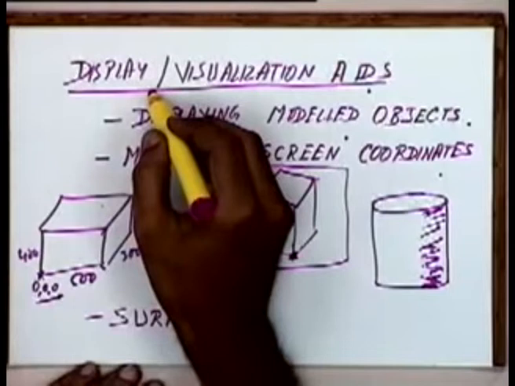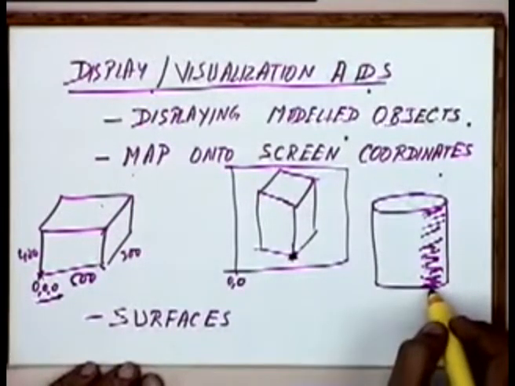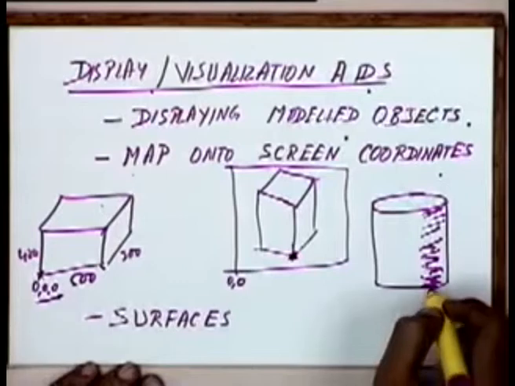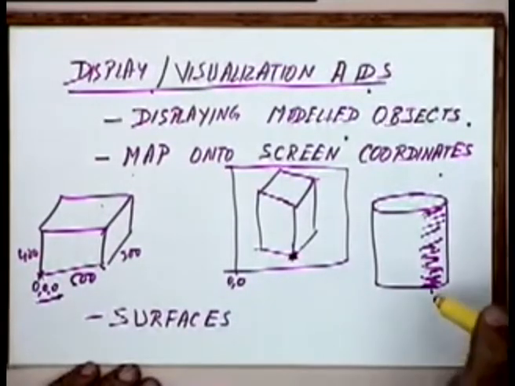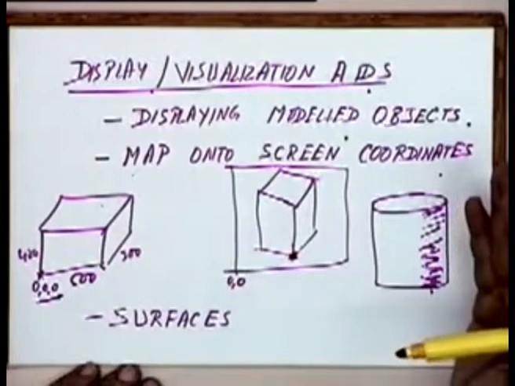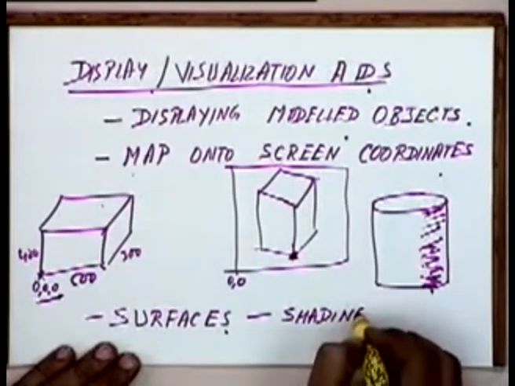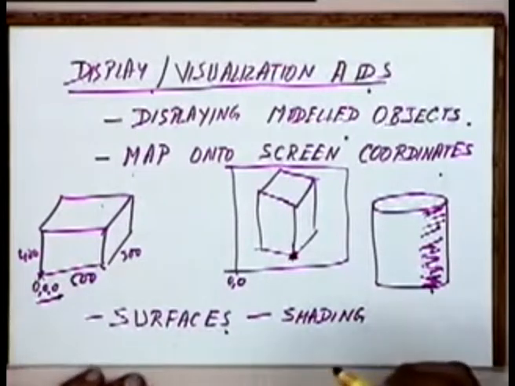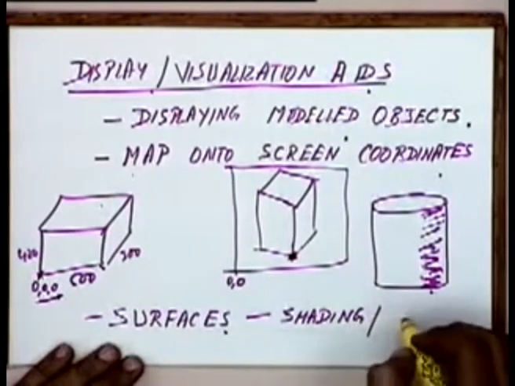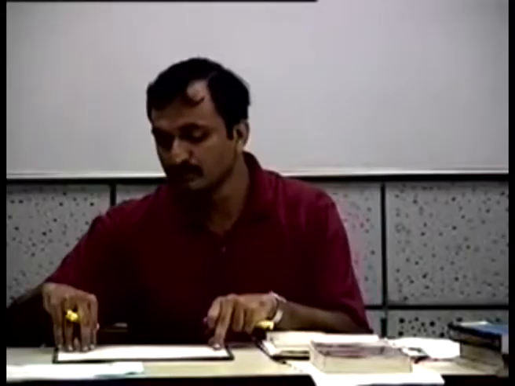So when we are talking of displaying, I should be able to take any object and show it on the screen, depending on what is the location of my light source, what is the nature of the surface, whether it reflects a lot of light or whether it is a diffusing kind of surface, and so on. So when you are displaying surfaces, we will talk of issues like shading, and we will talk of what is referred to as hidden surface removal.